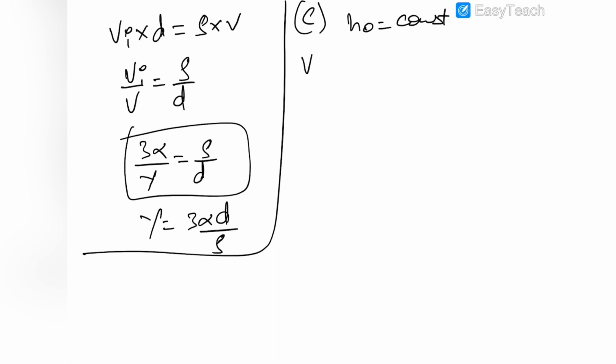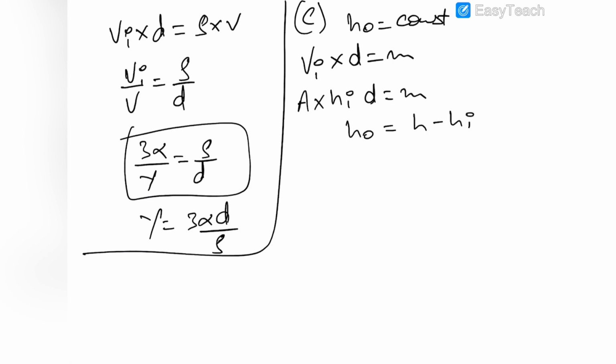So we know that Vi into D is equal to M again, and immersed volume is cross sectional area of solid into height of solid immersed, into D is equal to M, and H0 can be written as H minus Hi, where H is the total height of the cylinder. So A into (H minus Hi) into D is equal to M.